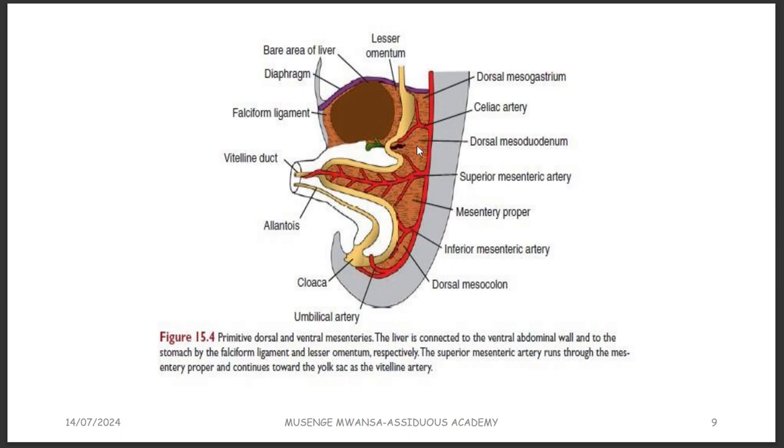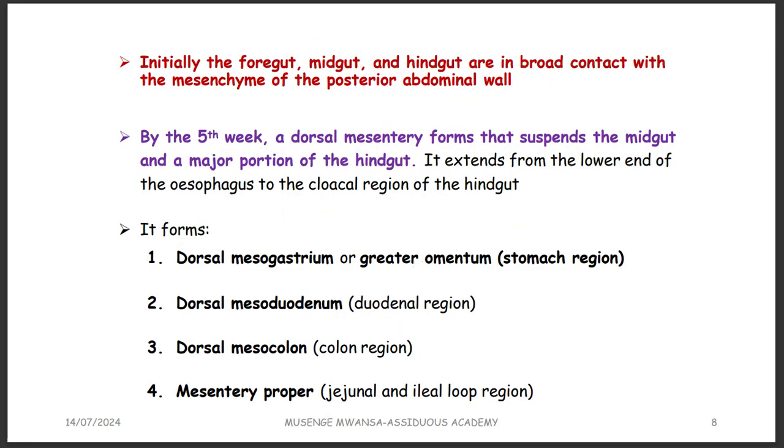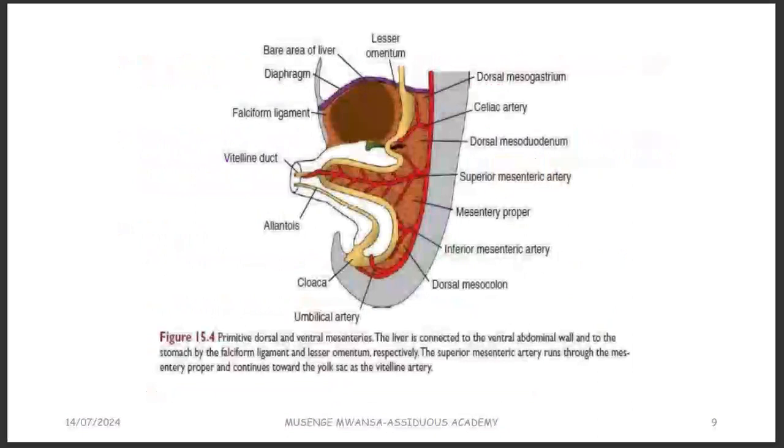And then there is this part that is holding, it is posterior to the duodenum. That is the dorsomesoduodenum. And then you have got the mesentery proper that is going to hold the jejunum and the ileum. And then you have got the dorsal mesocolon, and the dorsal mesocolon is basically holding the colon, the large intestines.